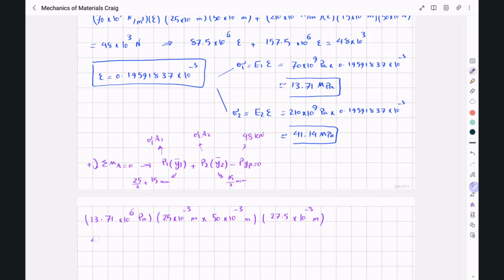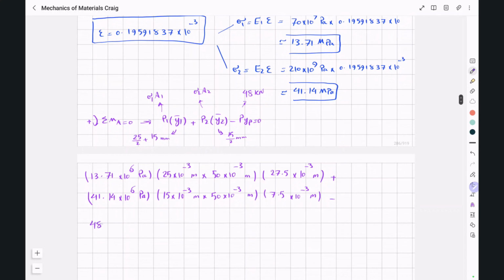And P2 was 41.14 multiplied by 10 to the power of 6 Pascal. A2 is 15 multiplied by 10 to the power of negative 3 meters multiplied by 50 times 10 to the power of negative 3 meters multiplied by y bar 2, which is 7.5 multiplied by 10 to the power of negative 3 meters, minus 48 multiplied by 10 to the power of 3 Newton multiplied by yp is equal to 0.